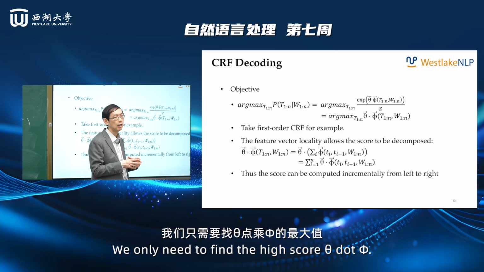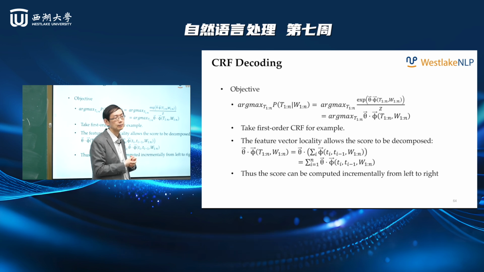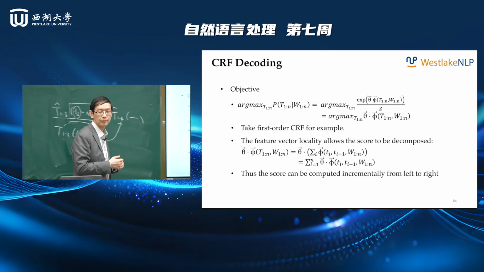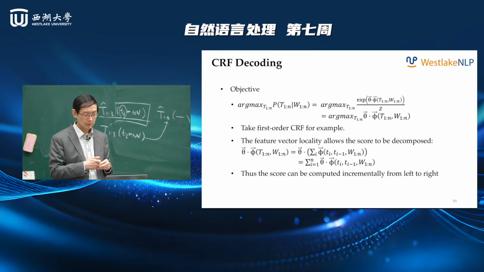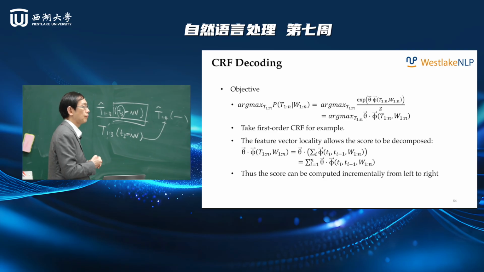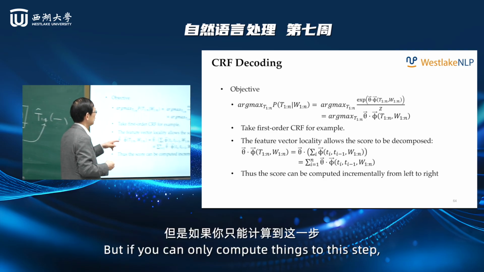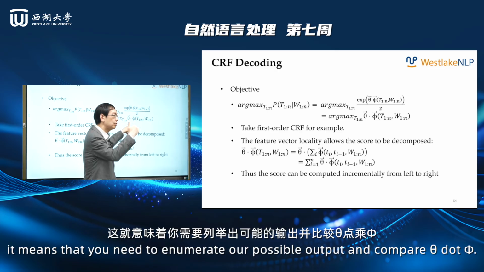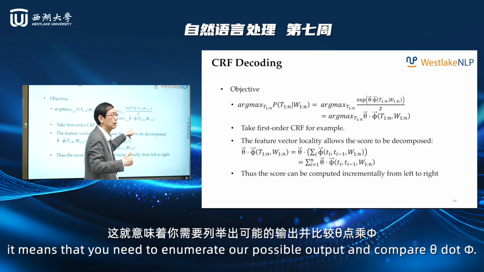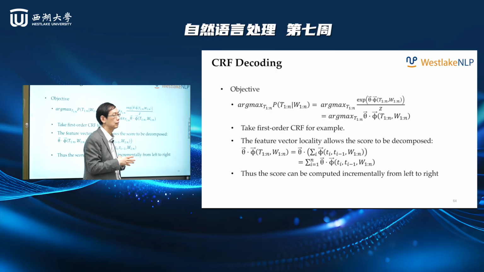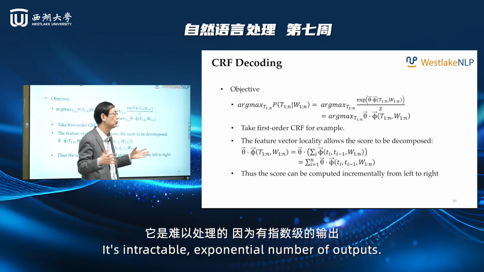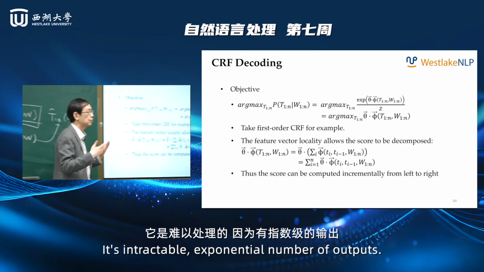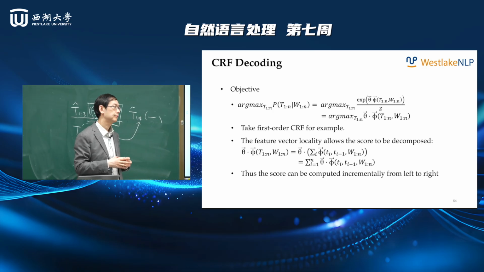We only need to find the highest scored theta dot phi, right? Okay, but if you can only compute things to this step, it means what? It means that you need to enumerate all possible outputs and compare theta dot phi. It's intractable. Exponential number of outputs.